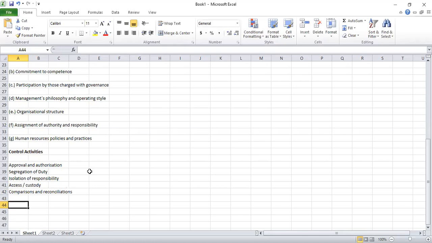Then we compare the two. Our control account balance should tally with the list of balances from the creditors ledger. If they don't tally, then we do a reconciliation to see what is causing the problem. That can also happen through bank reconciliations.